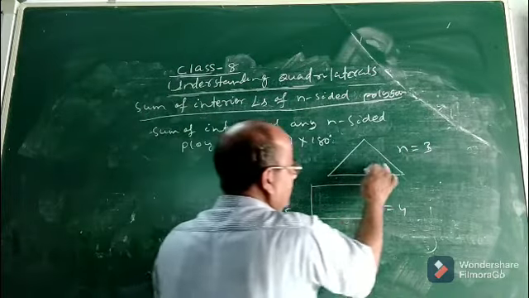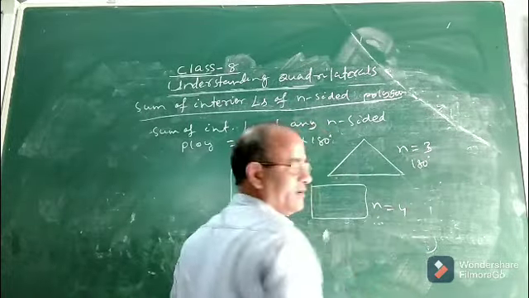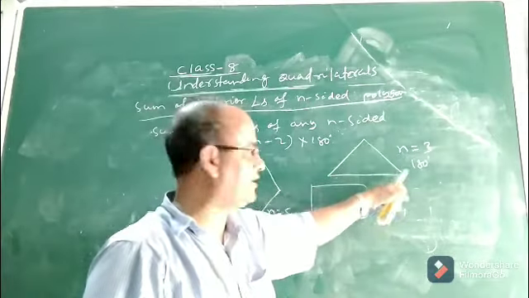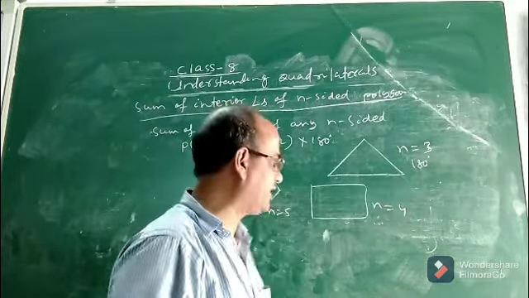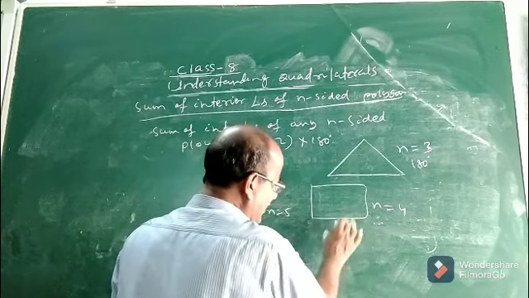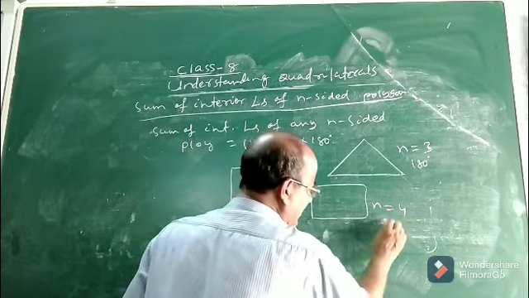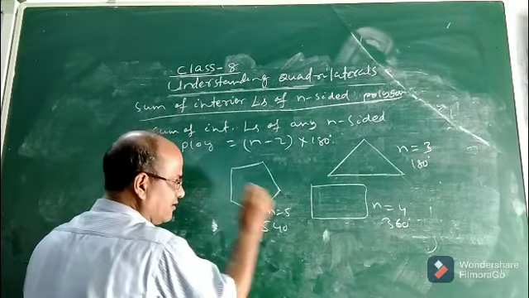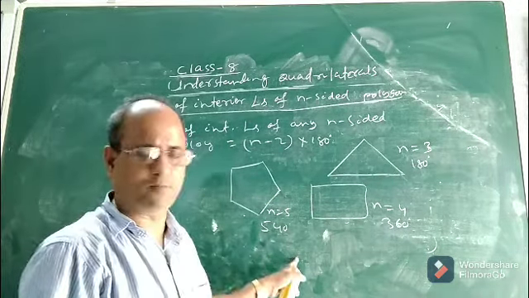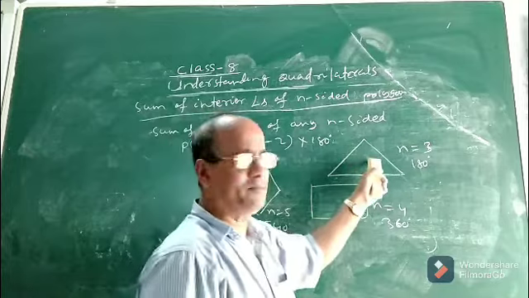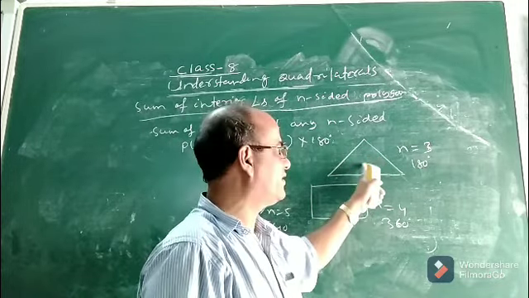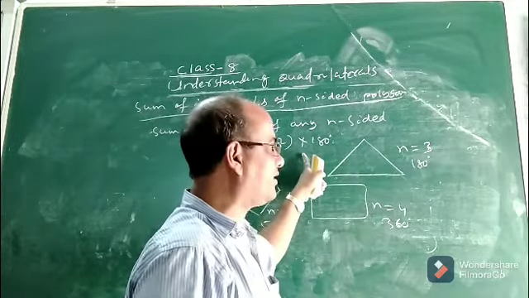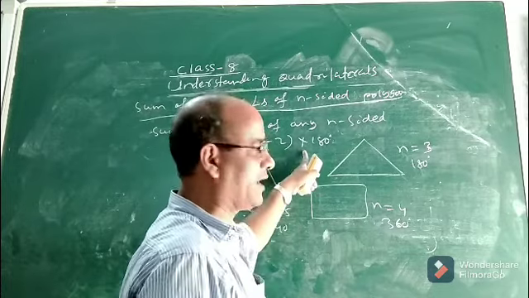What is the sum of interior angles here? In case of triangle, sum of the 3 interior angles is how many degree? 180 degree. In case of quadrilateral, it is 360 degree. And in case of pentagon, it is 540 degree. Already we have proved. Now in case of triangle, what is the formula? (n minus 2) into 180 degree.